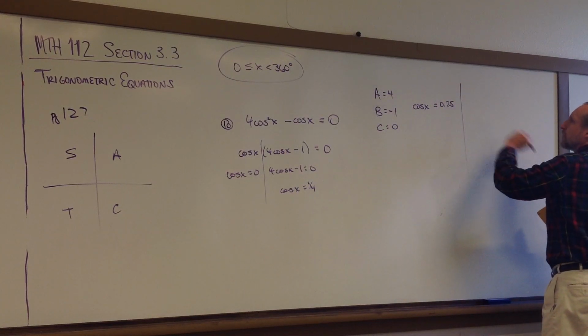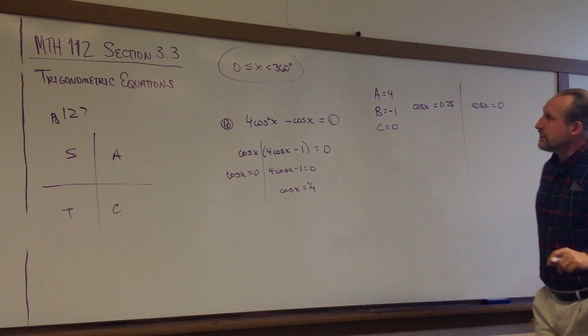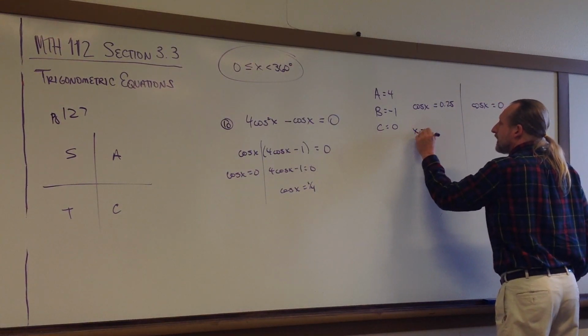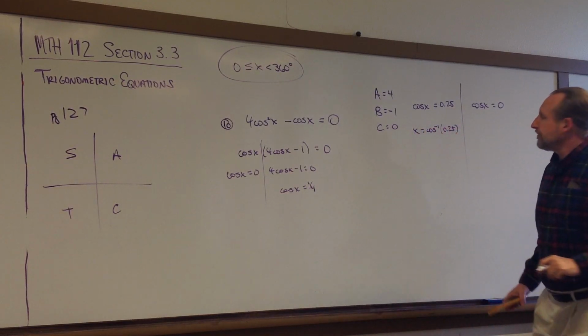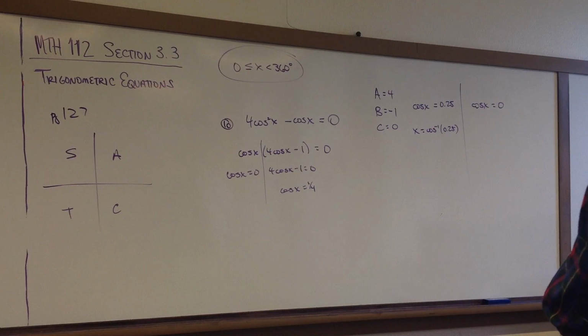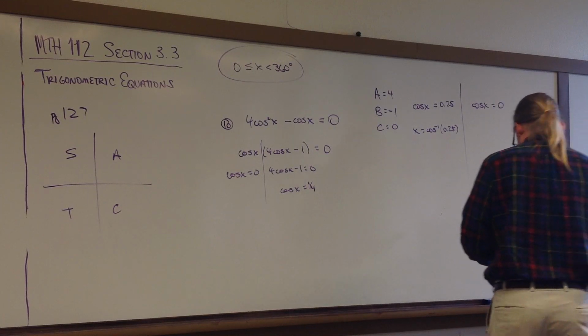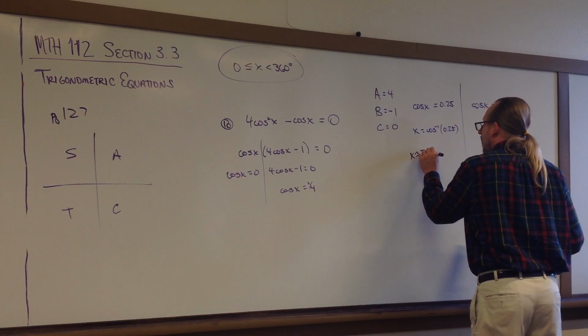Cosine x is 0.25, or cosine x is equal to 0. Okay, let's do this one first. X is going to be the inverse cosine of 0.25, which is 75.5 degrees.